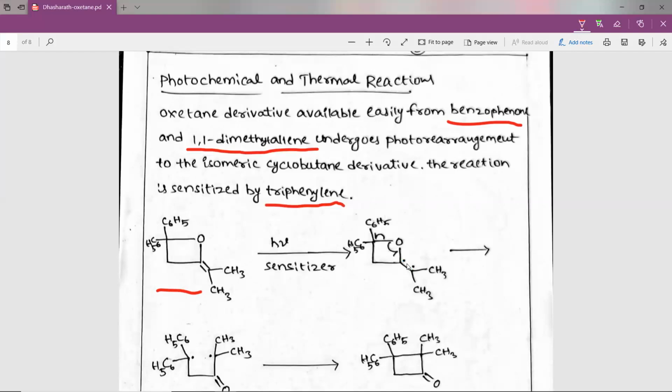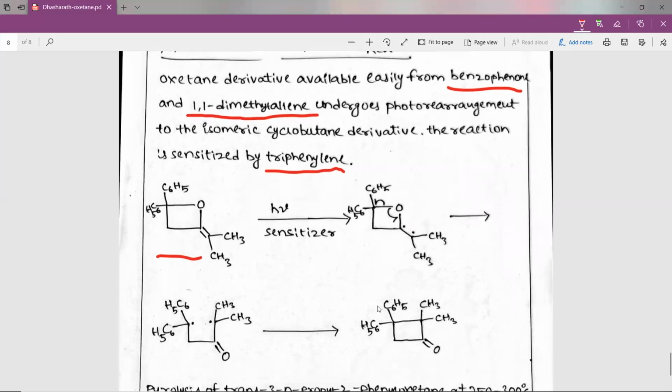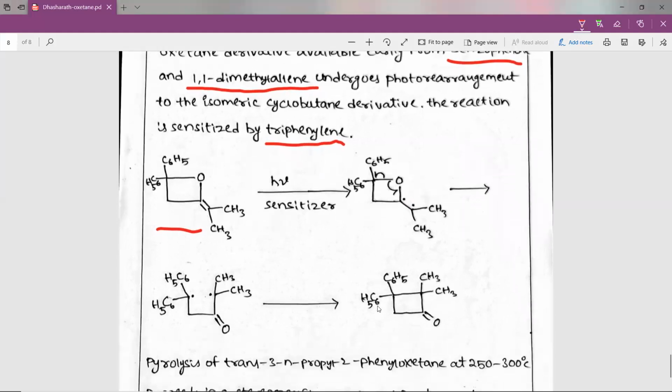It forms a diradical. Then it undergoes rearrangement to form a different biradical, which will undergo cyclization to form a cyclobutanone. It is a cyclobutanone ring system.